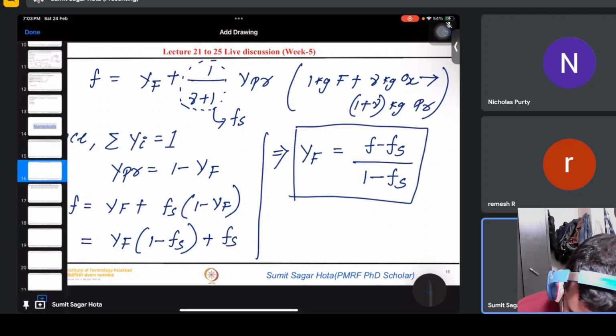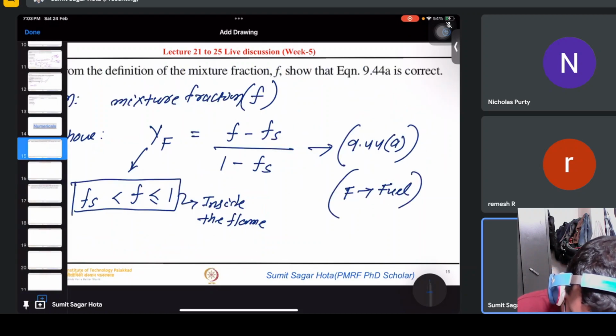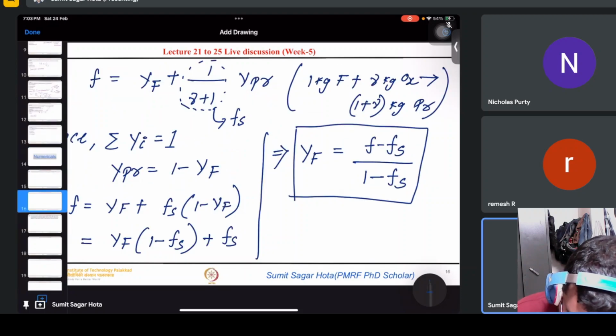You see, this is your equation 9.44a that we have now proved.